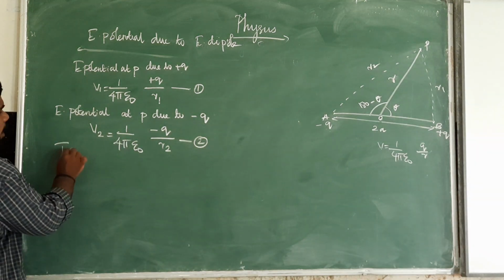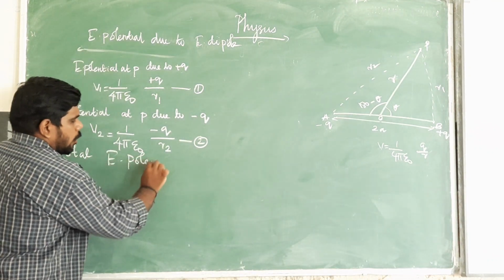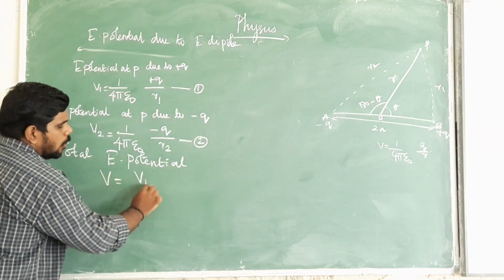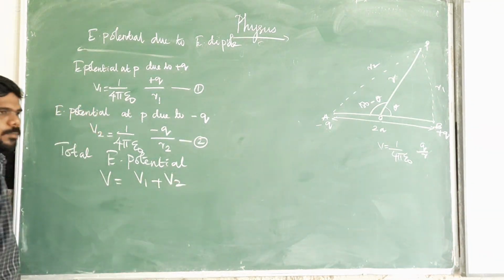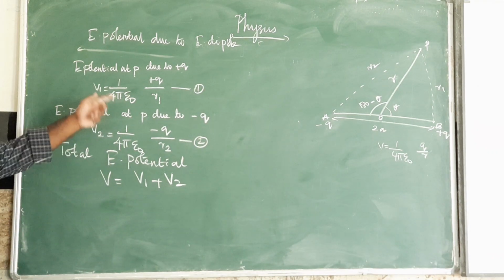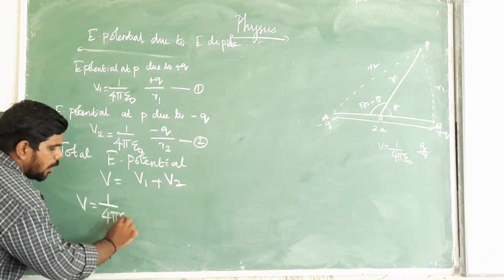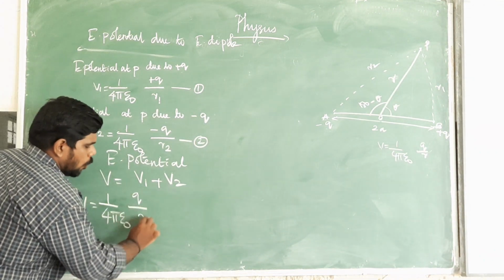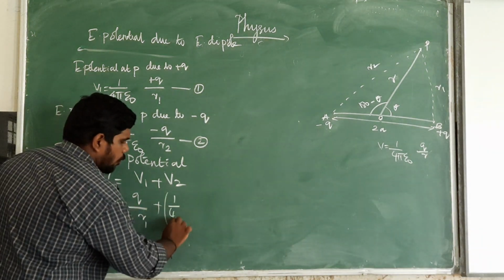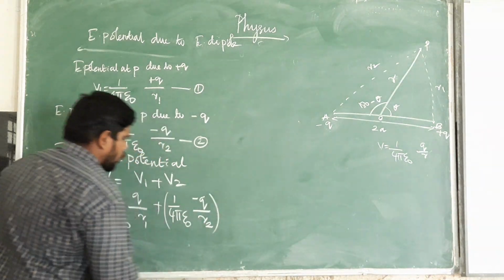So the total electric potential V is equal to V1 plus V2. Substituting, V is equal to 1 by 4 pi epsilon 0 q by r1 plus 1 by 4 pi epsilon 0 minus q by r2.